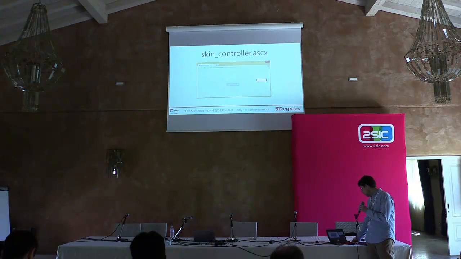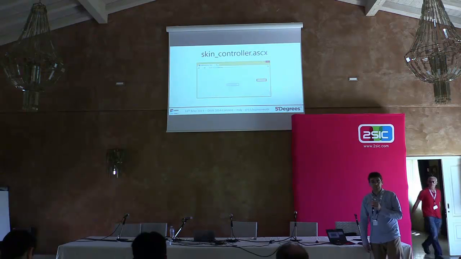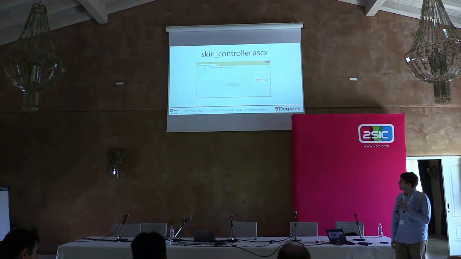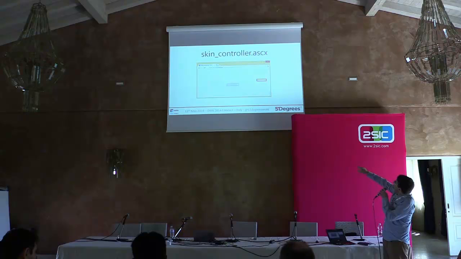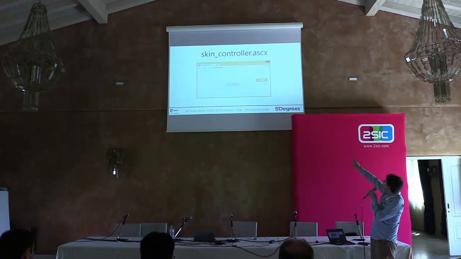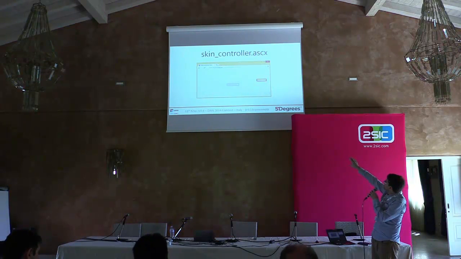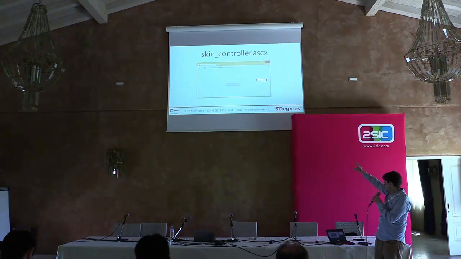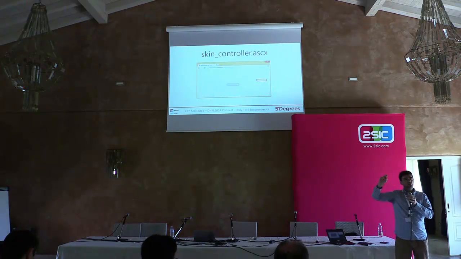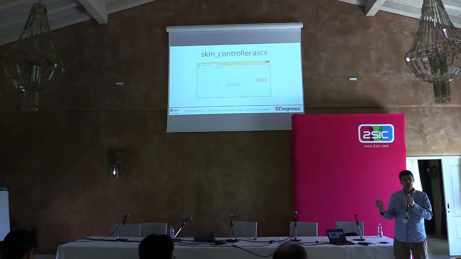We need to make some changes to the skin. The first thing we create is a skin controller that you can put on every page. What that does doesn't come out very well on here, but in the bottom right-hand corner, and ideally it would be made bigger, is the option to switch between the view that's currently being used to display the page.